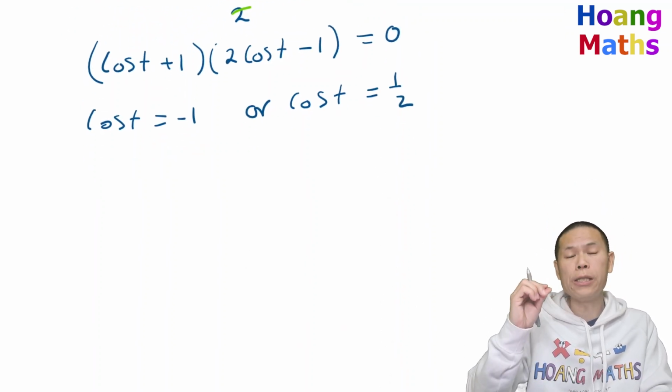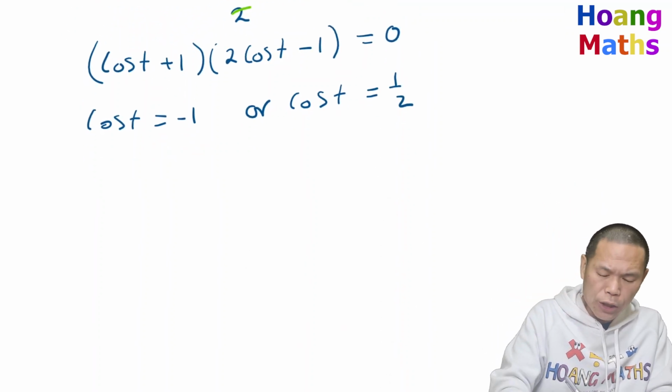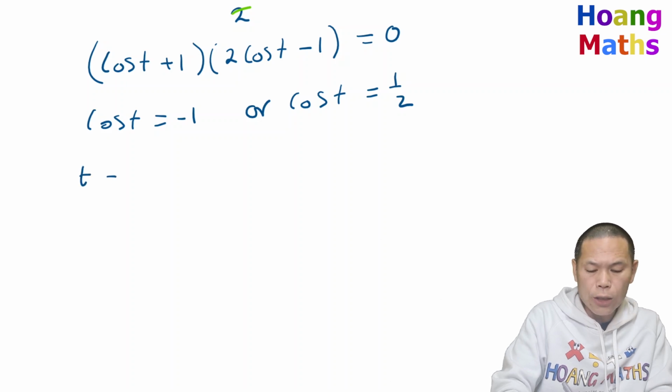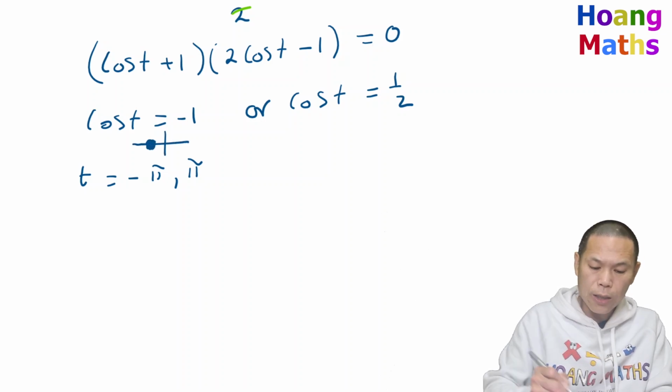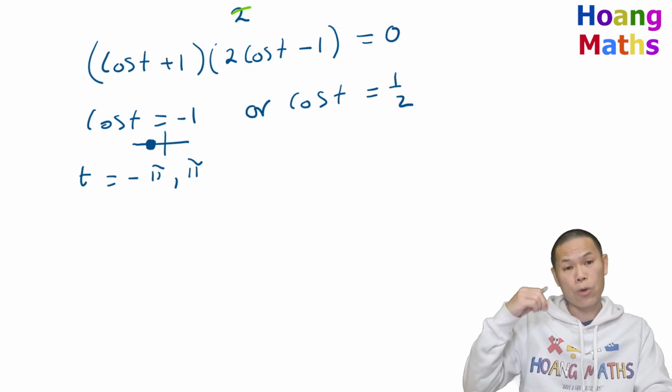Now when cos t equals negative 1, this means that t is equal to negative pi or pi, because negative 1 is right on the x-axis. So negative pi or pi.